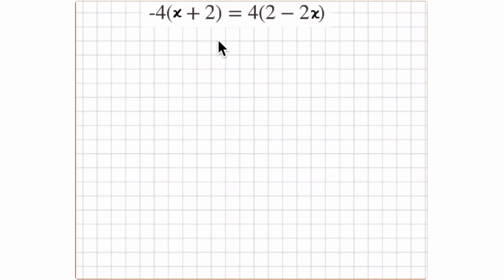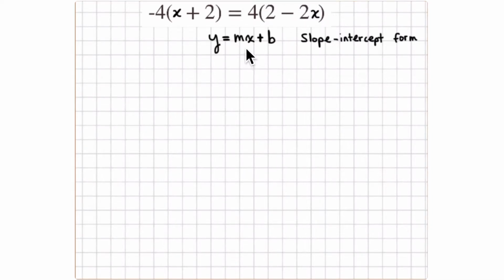And I started to realize if I go through a bunch of moves to make the form of this expression into mx plus b, so a coefficient of x plus a number out here, which is called a constant, by the way, never changes, plus b, and put this expression in that same form, y equals mx plus b, the slope-intercept form, then I could start to answer the questions, and I could actually draw a graph of that equation on each side, and I could visually see the answers.